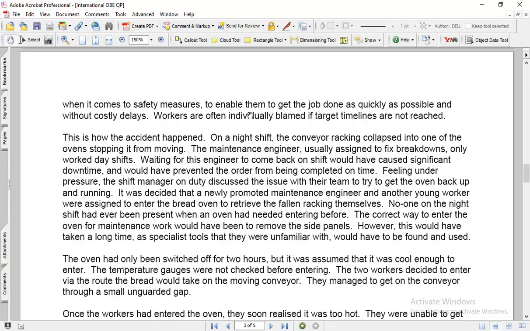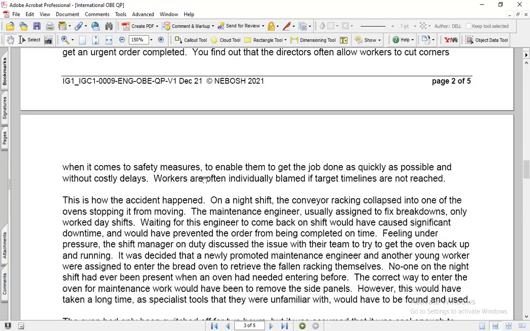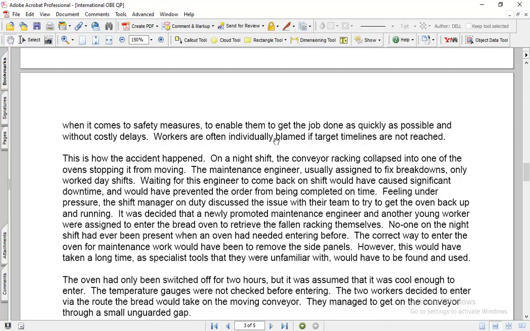The director is only concerned with productivity, and he allows the workers to cut corners in order to fulfill the demand of the market. If the workers do not fulfill their targets, they are normally blamed.